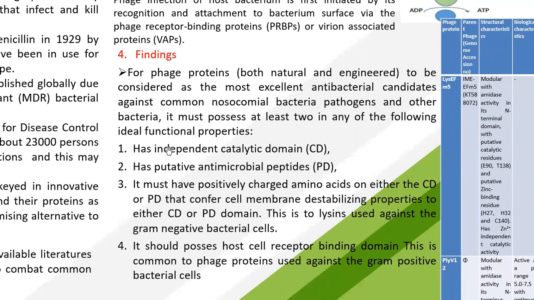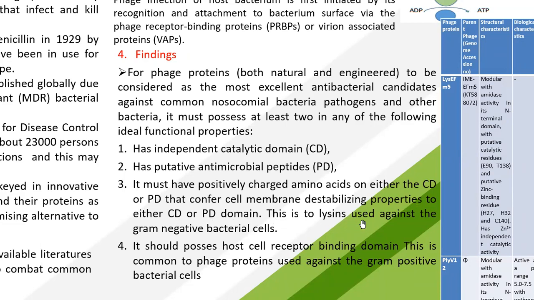They must have an independent catalytic domain, or putative antimicrobial peptides. They must have positively charged amino acids on either the catalytic domain or the putative domain that confer cell membrane destabilizing properties to either the CD or the PD domains.